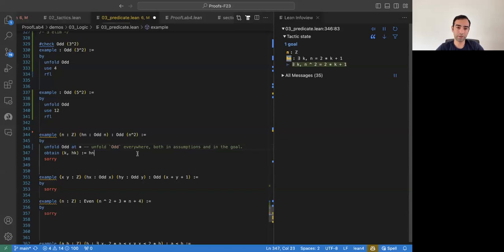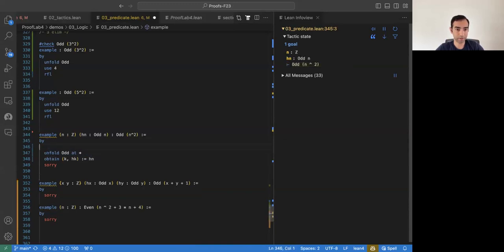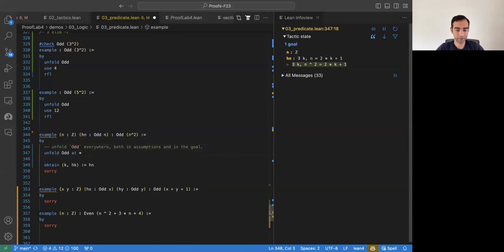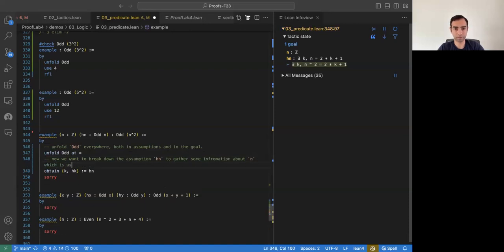So now, actually my style is to write these comments just before the line. One should pick a uniform style. So now we want to break down the assumption Hn to gather some information about n, which is useful for the goal.